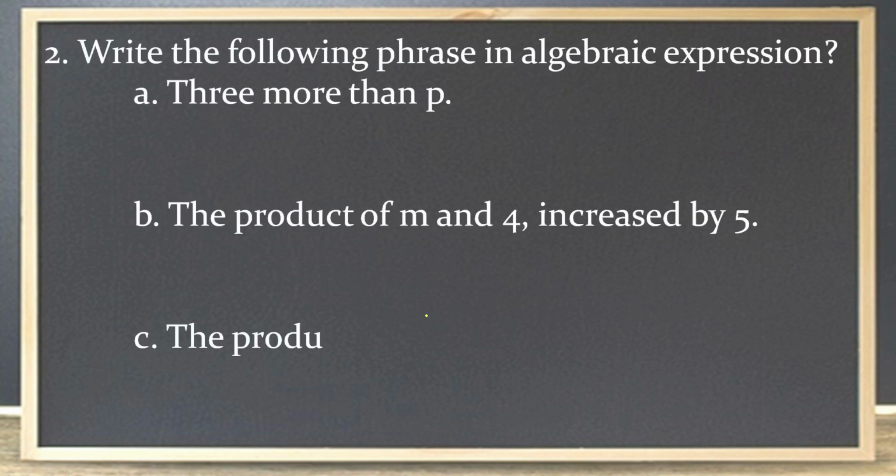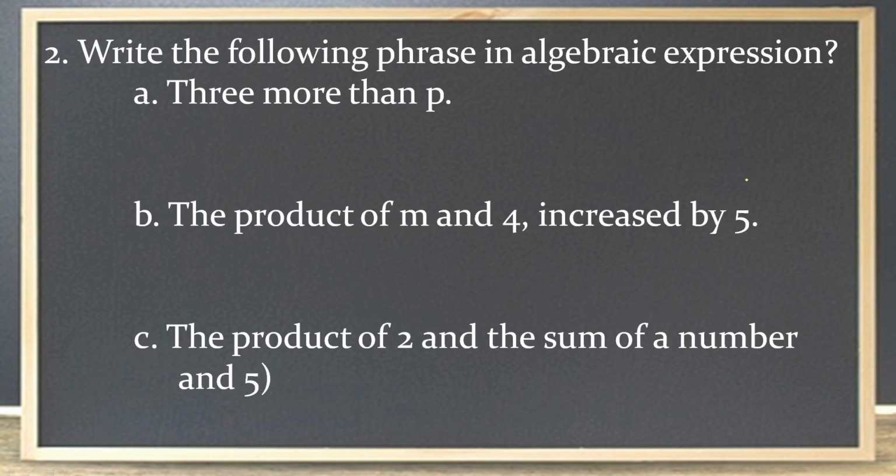Write the following phrases as algebraic expressions. A, 3 more than P. Usually these are word phrases, and we can convert the word phrases into mathematical phrases or mathematical expressions. That is what we do.